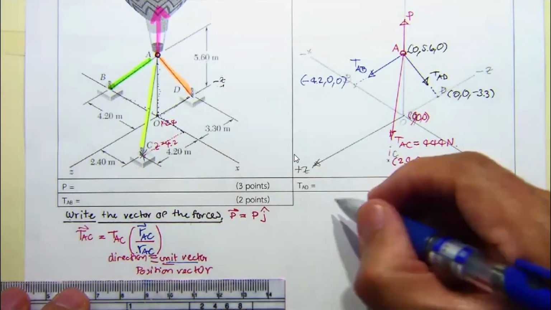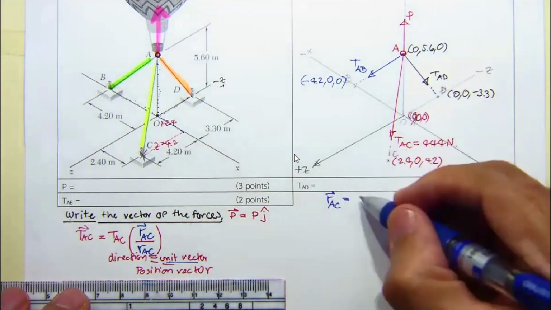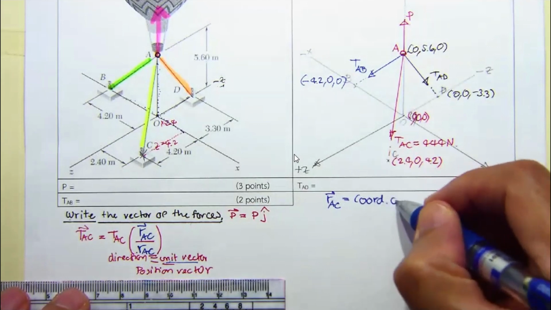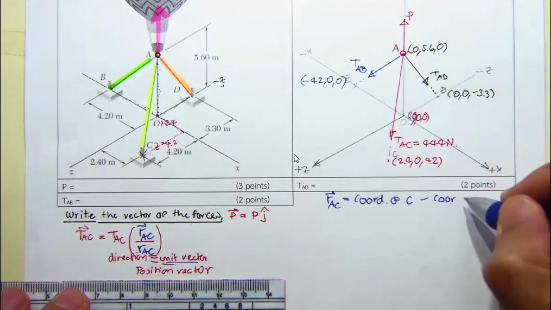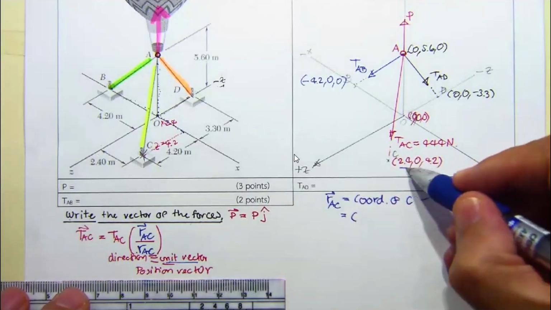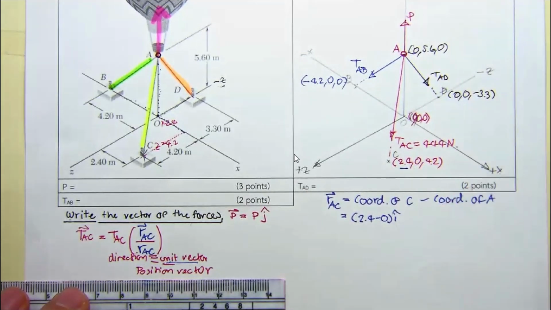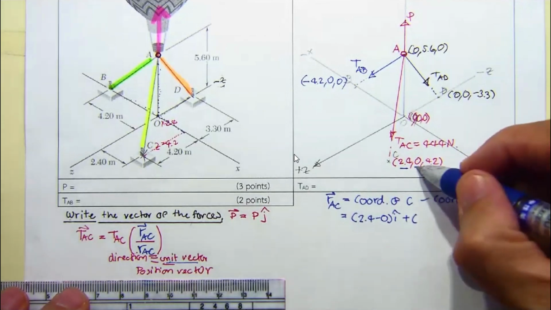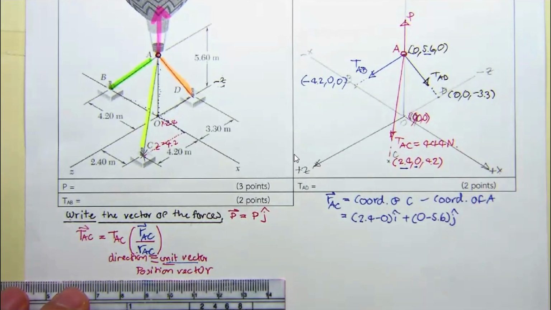Now, what's going to be r sub AC? Again, as r sub AC is from A to C, you use the coordinate of C minus the coordinate of A. So we have 2.4 minus 0 i, and then plus 0 minus 5.6 j.